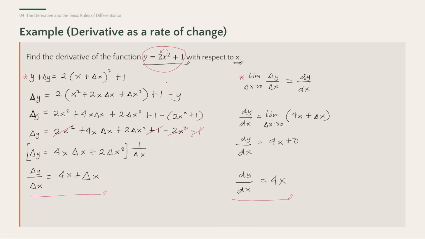But I just want to show you how, let's say, old school calculus solves for the derivative. Now we have the rules that we can use, and it is actually easier because we just need to plug in the values to the formulas, then we can get the derivative.